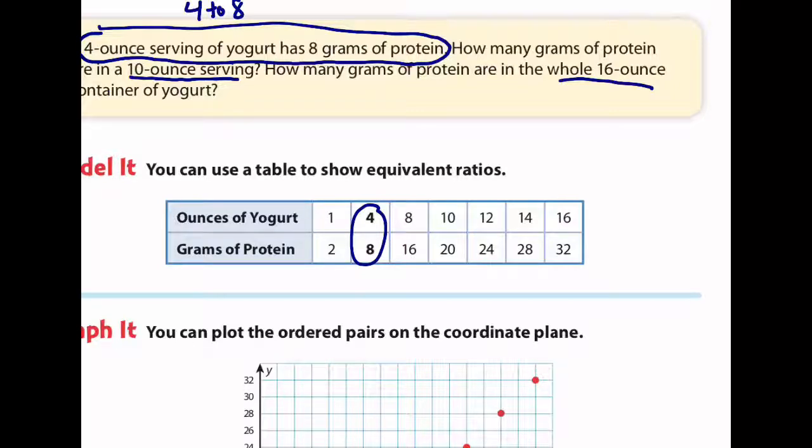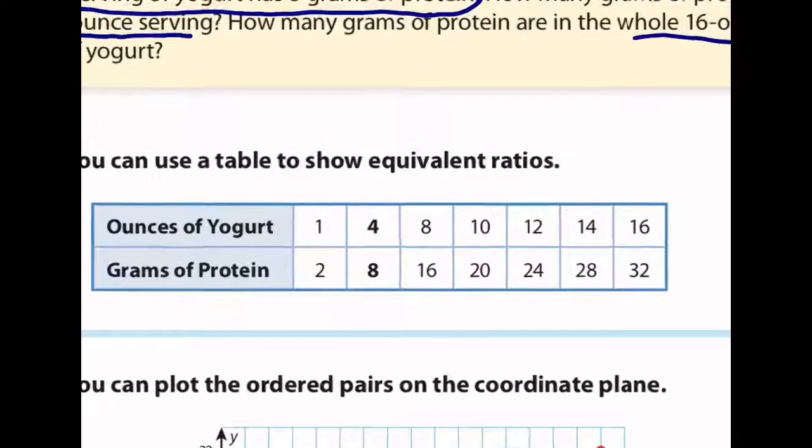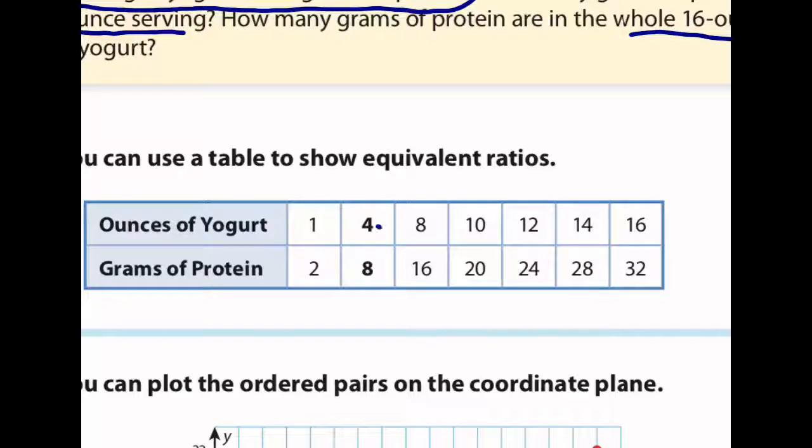And if we go down, notice that to go from 4 to 8, you're doubling 4 to get to 8, or you're multiplying it by 2. So if you realize that rule, that 4 times 2 is 8, you can figure out anything in this table. So 1 times 2 is 2. You can go over here. 14 times 2 is 28. Okay? All right, so now let me erase that.